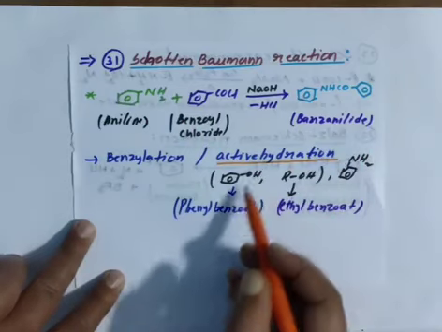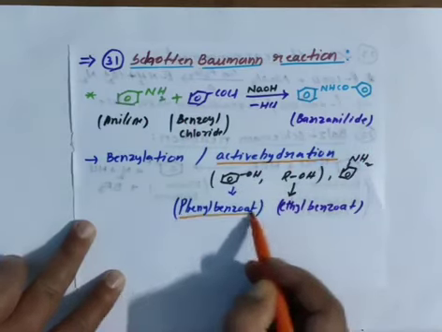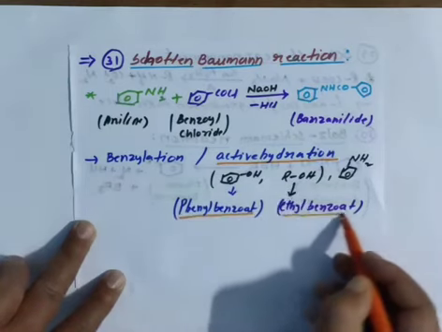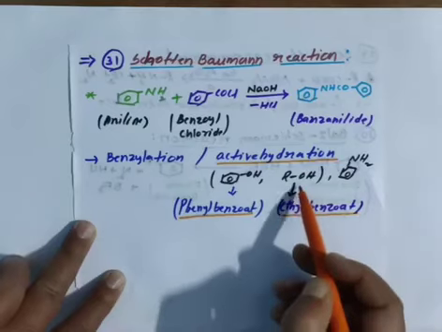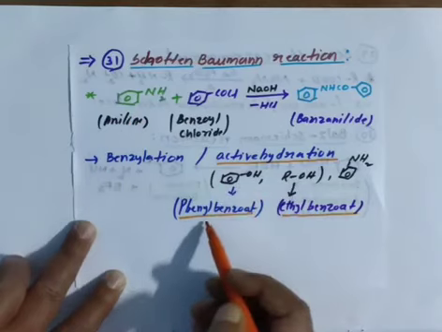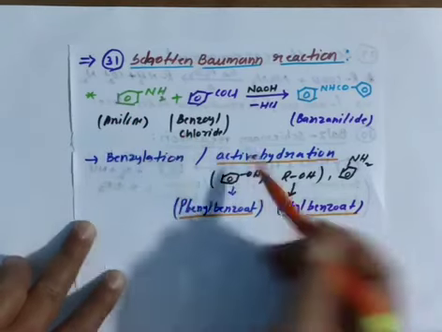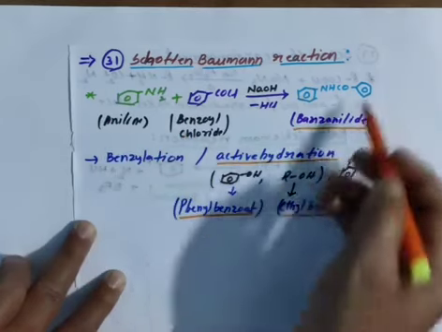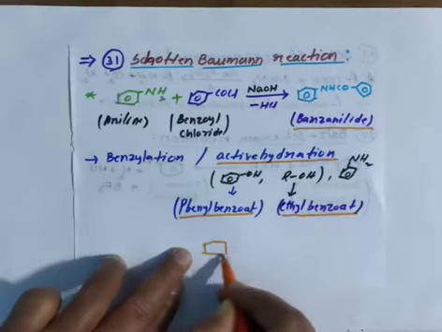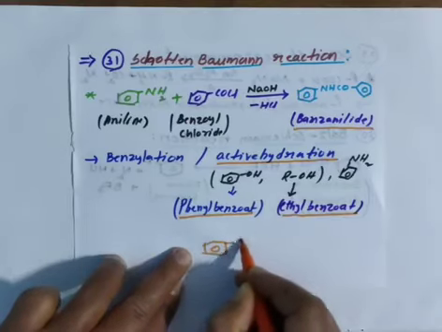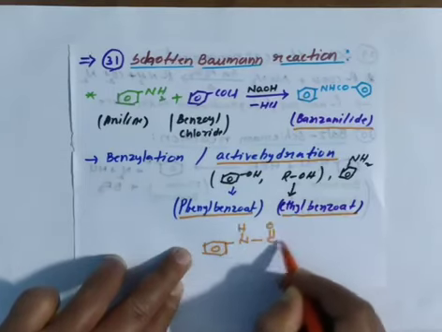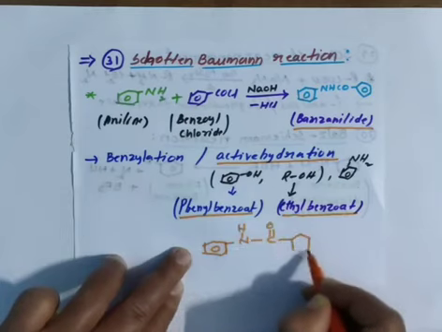If you take phenol, you get phenyl benzoate. If you take alcohol, you get ethyl benzoate. Remember, alcohol gives ethyl benzoate, phenol gives phenyl benzoate, and aniline gives benzanilide. Actually, this structure looks like this: one benzene ring, nitrogen bonded with hydrogen, C double bond O, and another benzene ring.